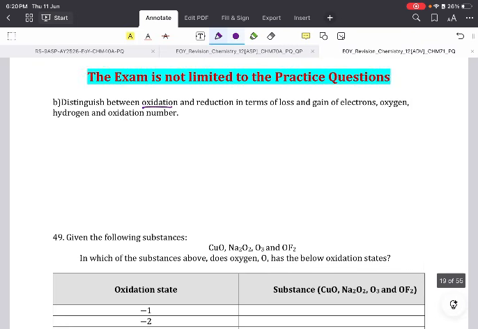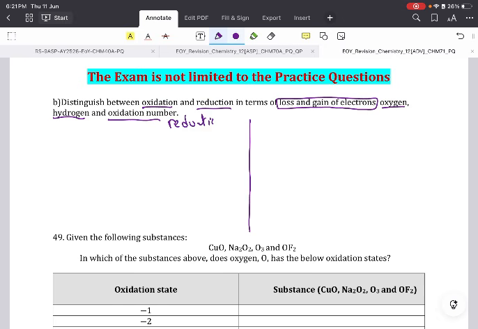Distinguish between oxidation and reduction in terms of loss and gain of electrons, in terms of loss and gain of oxygen, in terms of loss and gain of hydrogen, and in terms of the oxidation number. So here's the reduction and here's the oxidation.